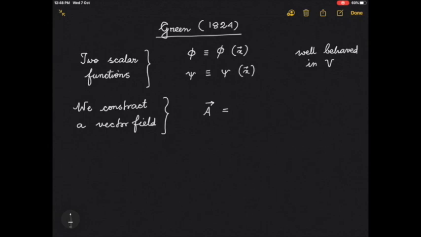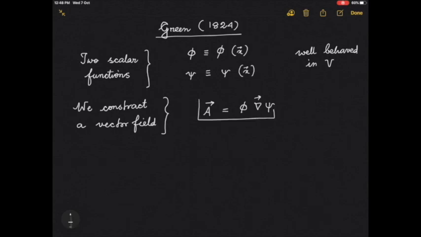So this vector field, which conveniently we call A, is phi times gradient of psi. Gradient of psi gives me a vector function, that is three functions, and then I multiply it by another scalar function. So I get three functions again, which I call the vector A.